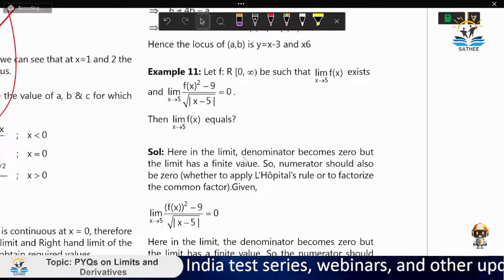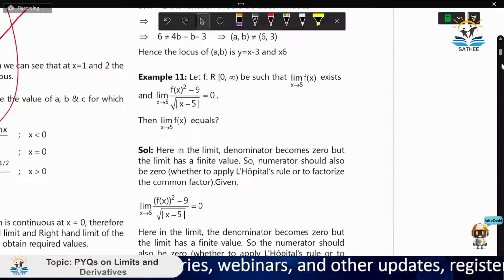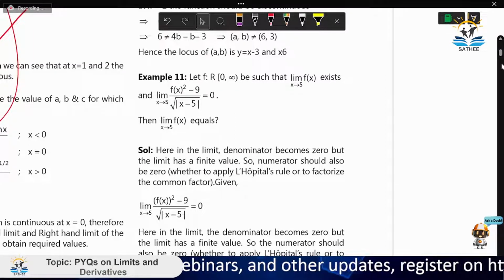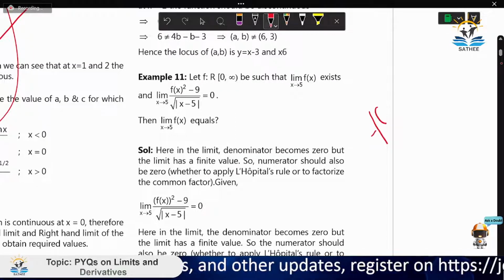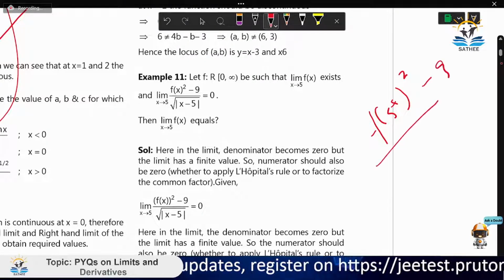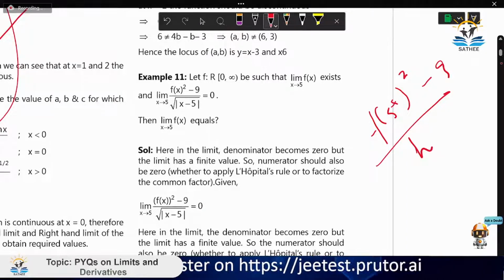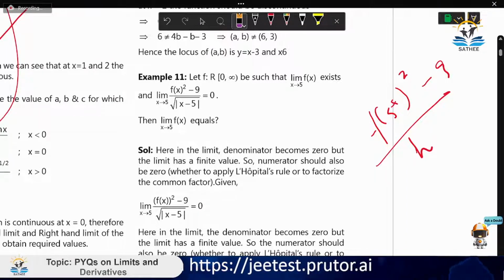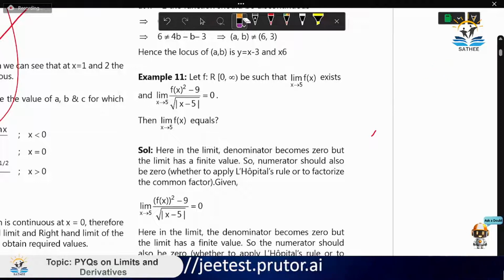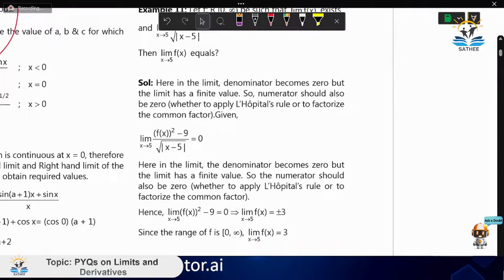Then I have to find the limit. So how do we go about it? The first thing we should do is f of 5 plus whole square minus 9, and this is h. So let's see what the question says.